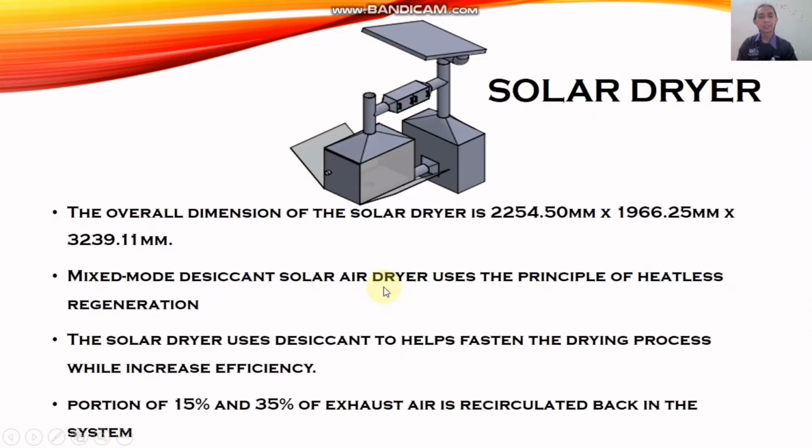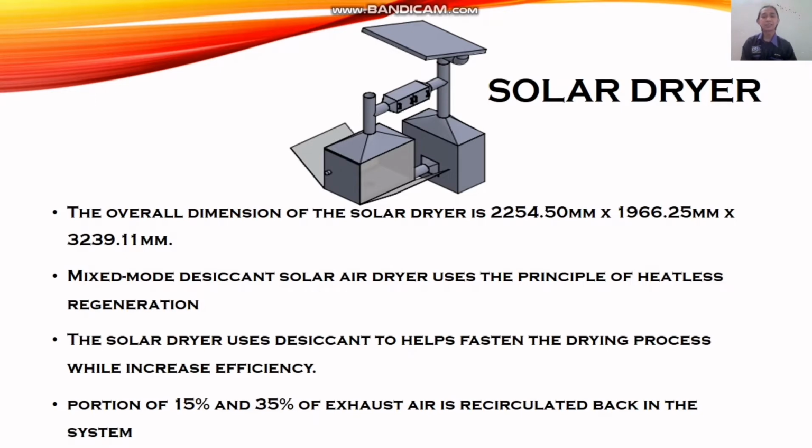This is the solar dryer. The overall dimension of the solar dryer is 2254.5 millimeter, 1966.25 millimeter, and 3239.11 millimeter in height. This is a mixed mode desiccant solar air dryer using the principle of heatless regeneration.